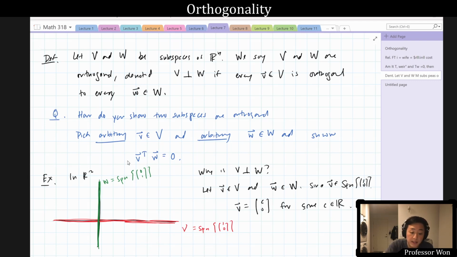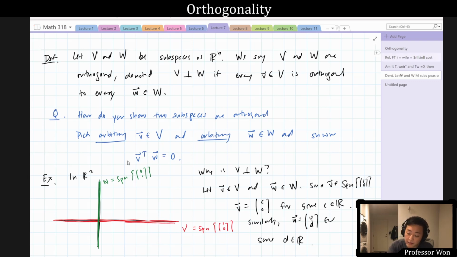Again, I didn't pick a specific little v. Every vector in V has this property. All I'm using is that it's a member of the x-axis. Similarly, w equals (0, d) for some d in R. I don't know why I tried to do this all on one page.